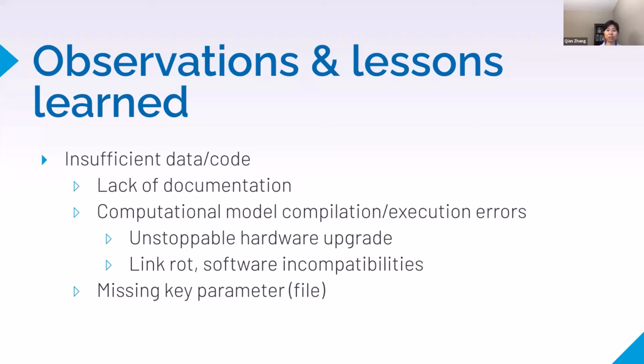There are two ways to deal with that. The first one is to contact the original author to request such information. The second way, also not a smart way, is to manually digitize the figure to get all the data points and compare them with our reproducibility results. So that's how it works.